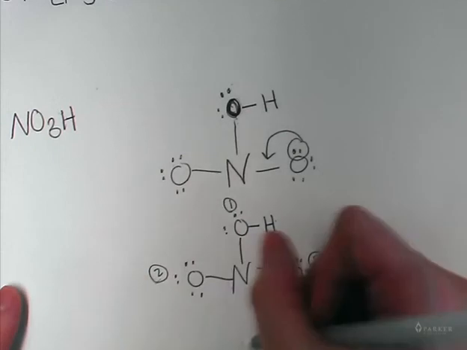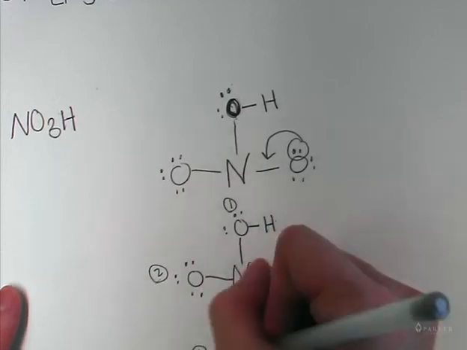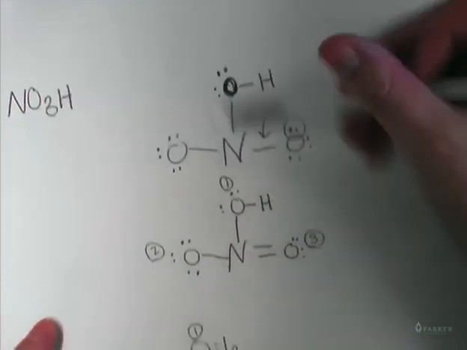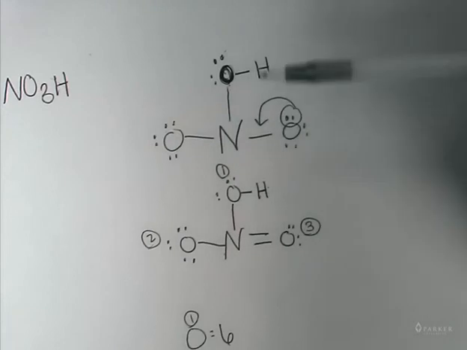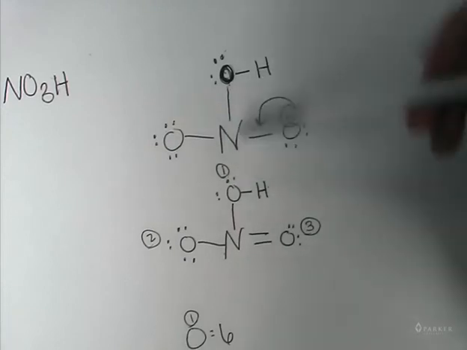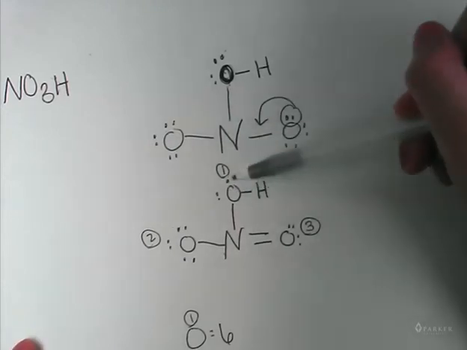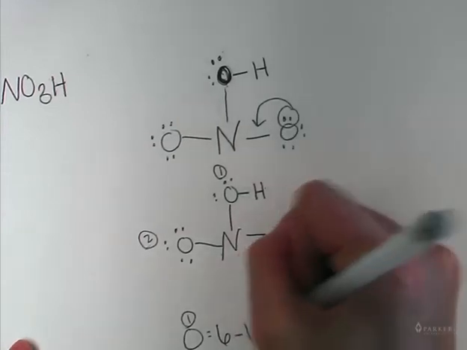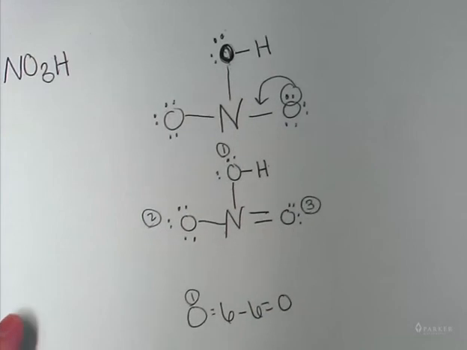So oxygen number 1. How many valence electrons does it have, or should it have? 6. And how many is it actually using, contributing? 6. 1, 2, 3, 4, 5, 6. So formal charge is 0.